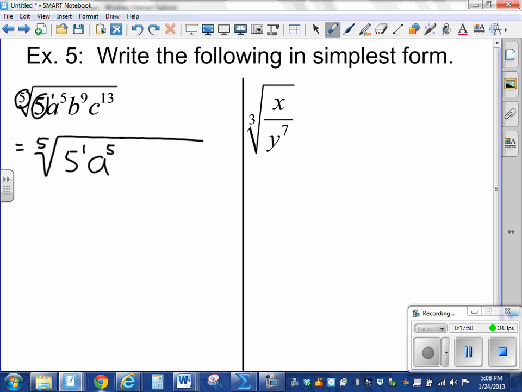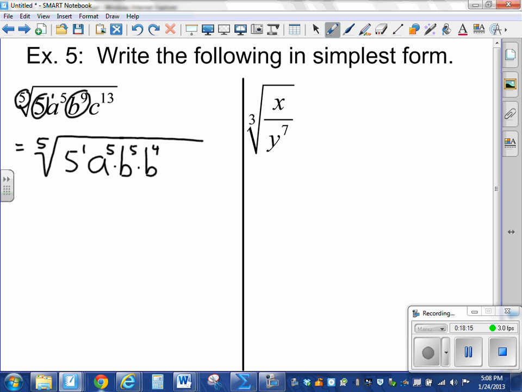So looking at b to the 9th, that will be b to the 5th times b to the 4th, because when you put the 5 and the 4 together, it makes your 9 again. Okay? So let me write that again. B to the 5th times b to the 4th.